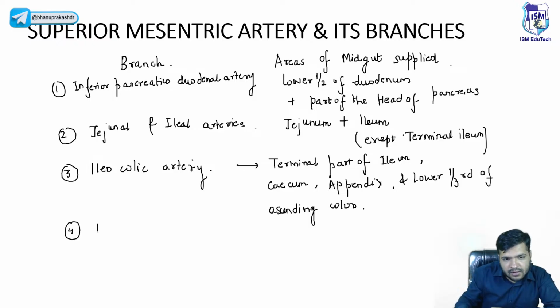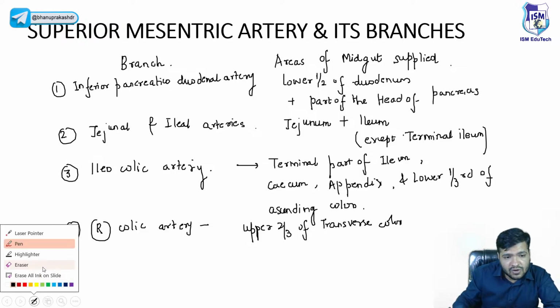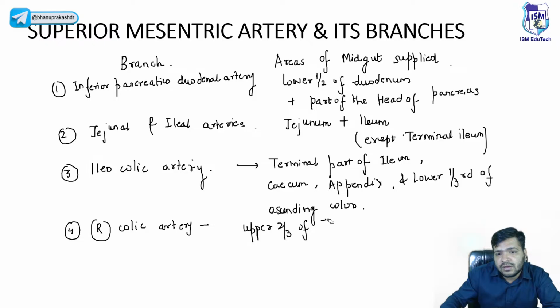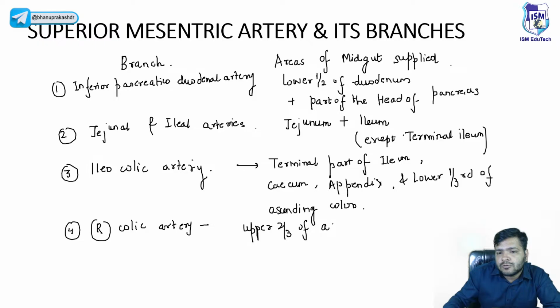Coming on to the fourth part, that is the right colic artery. The right colic artery is supplying the upper 2/3 of the ascending colon, plus the right colic flexure.